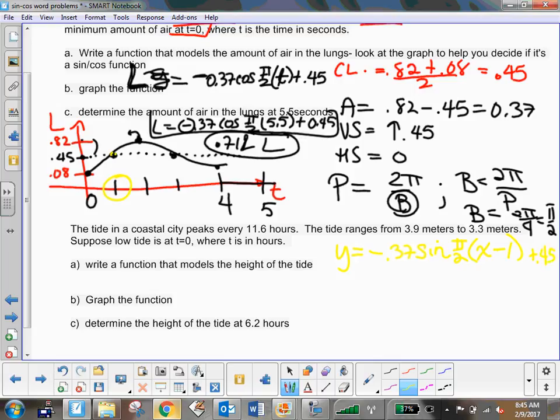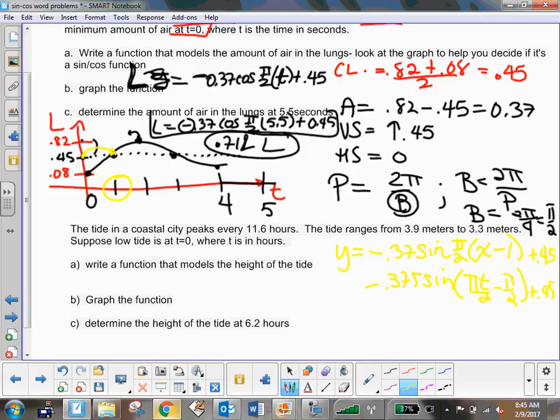Remember, we are shifting it from here to here. So we have to show that we are ahead of the game. So you kind of have to do a little bit of backwards thinking here. Now, if you still put 5.5 in here, try it now. This is negative 0.375 sine of pi t over 2 minus pi over 2. This is what it looks like in standard form because we distribute that inside.